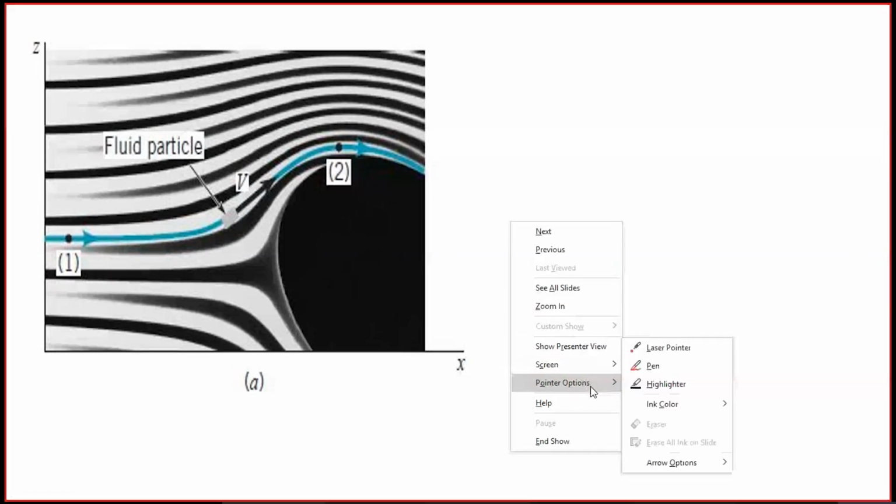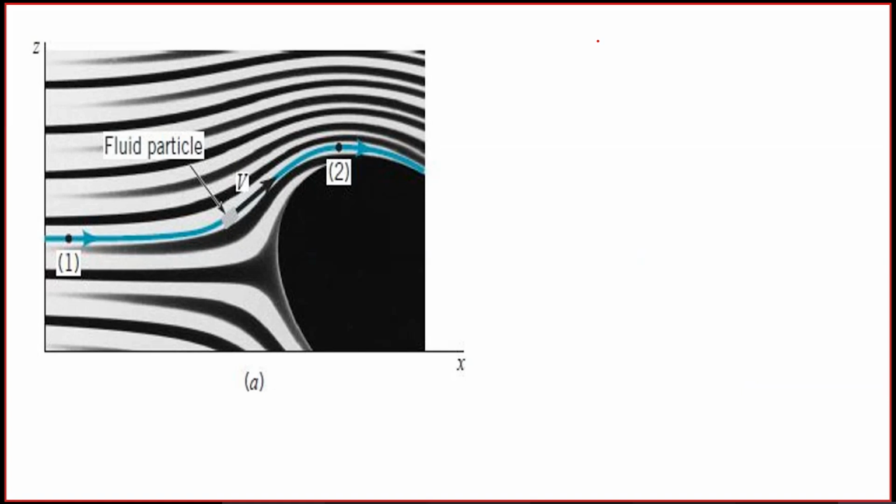Generically speaking, we always consider that the particle is traveling in 3 dimensions. The motion of the particle is 3D, and for that we use x, y, and z coordinates. This is the x coordinate in fluid. We have assumed that our coordinate system would be like this, and if the particle is here, we would need 3 coordinates to define its position, and that is x, y, and z.